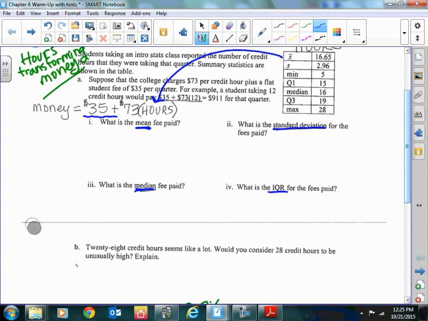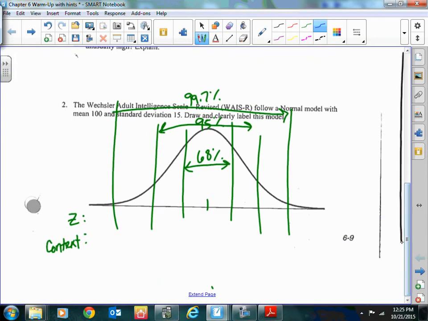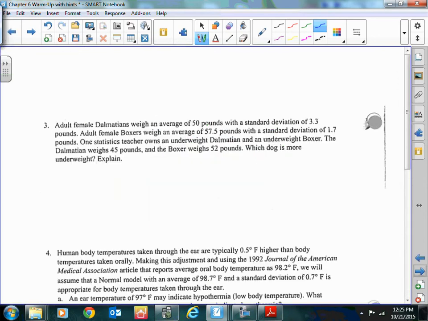Does the spread get shifted by 35? No. Okay? So that's what that problem's about: transformation rules. Okay, next. Down here on number 2, you're going to be doing the drawing and labeling like I taught you how to do earlier in the class. And then let's take a look at number 3 on the next page, page 27.